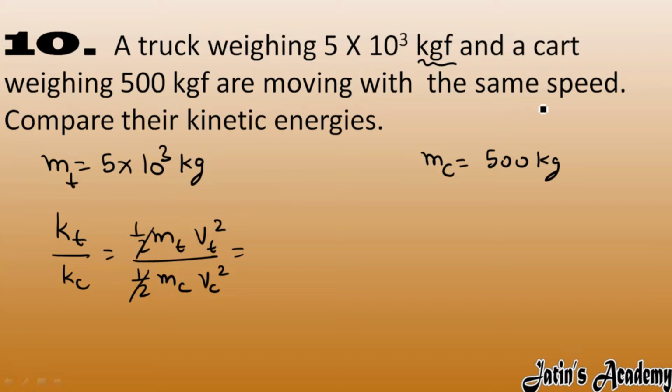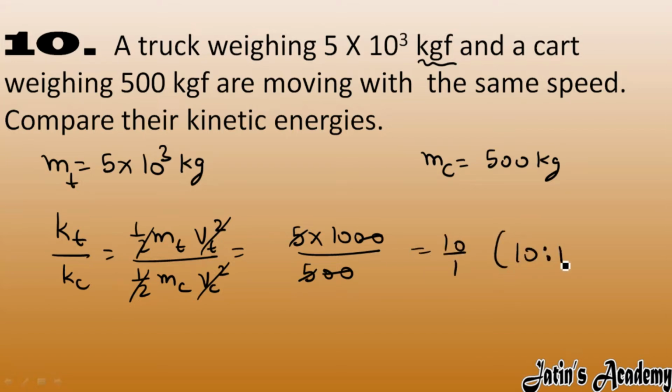They are moving with the same speed, so the velocities are the same and cancel out. Mass of truck is 5 into 10 raised to power 3, I can write 1000, and mass of cart is 500. So just cancel out this 5. Here we got 10 by 1, which is a ratio of 10 to 1.